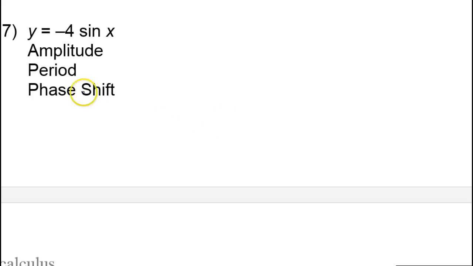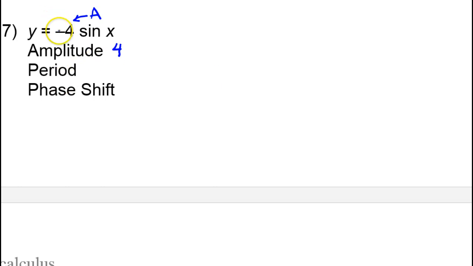Alright, let us look at number 7. The a value is right here. Now that a value tells us two things. First of all, even though it is a negative 4, the amplitude is still positive 4. Amplitude is always positive. The period is not affected by the amplitude.